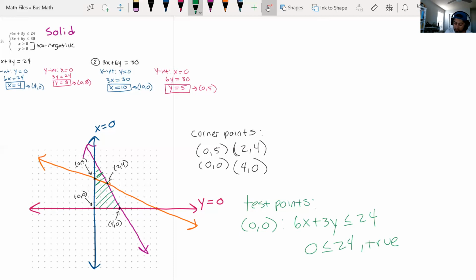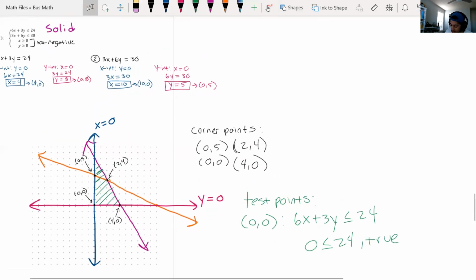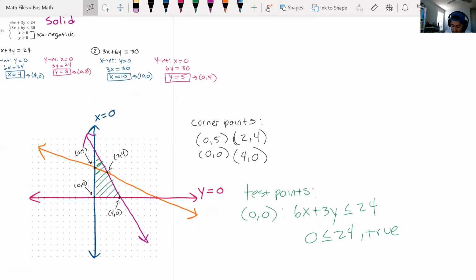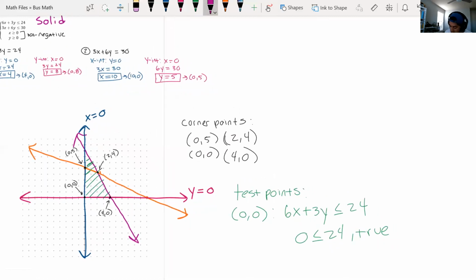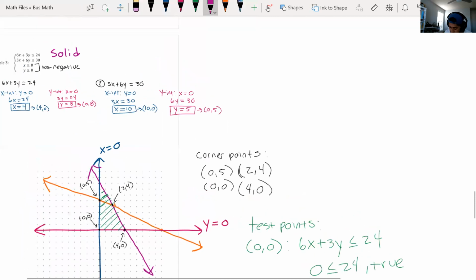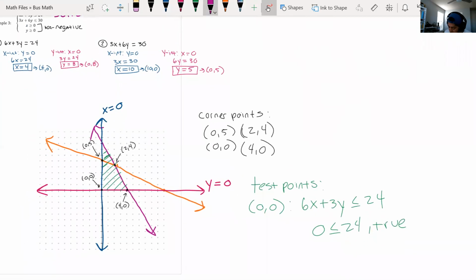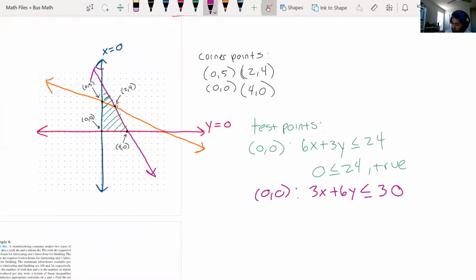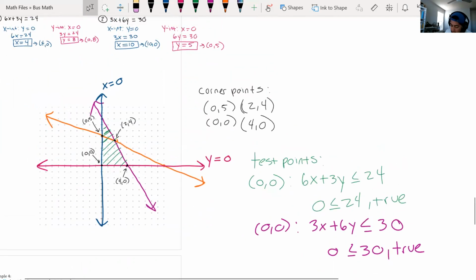And then if we do 0, 0 for the orange line, which is 3x plus 6y less than or equal to 30, you'll get 0 less than or equal to 30, which is also true. Which means for that line, we would shade down.